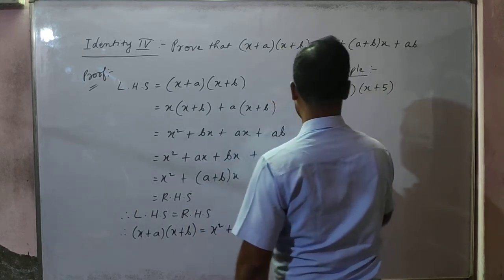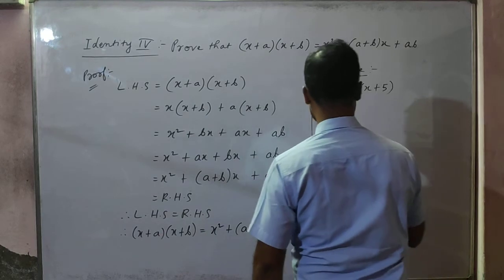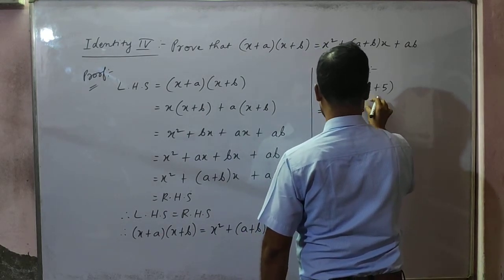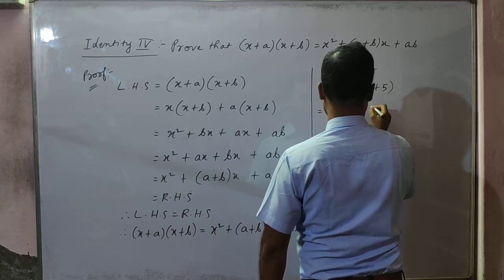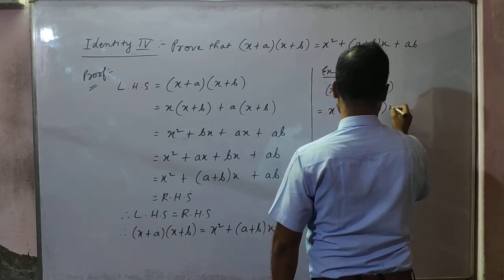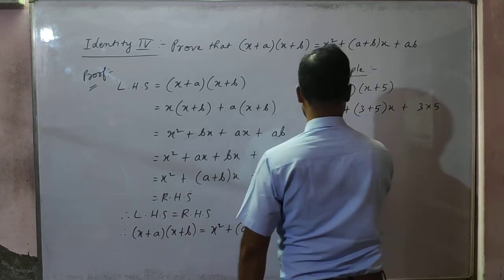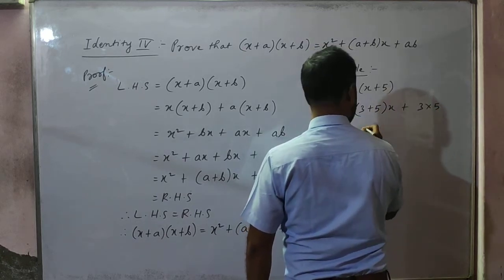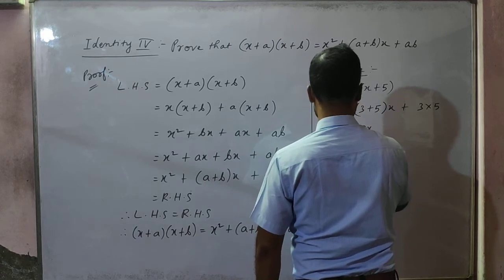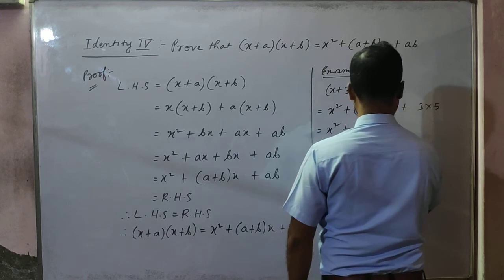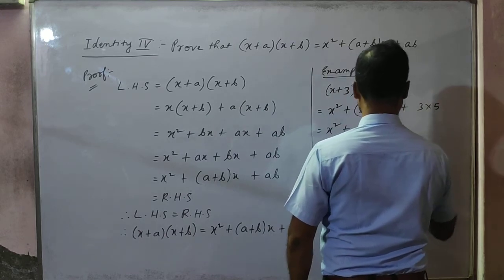Okay. So x square plus 3 plus 5 into x plus 3 into 5. So x square plus 8x plus 15.